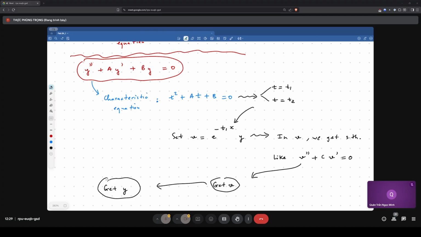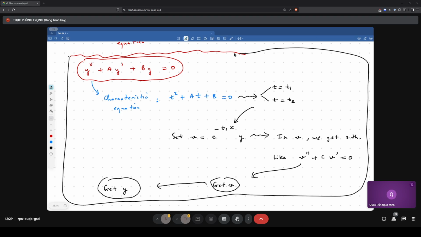If you know no formulas, if you apply this, in the end, you get the formula we see in the note. So this is the outline for solving the equation right here.